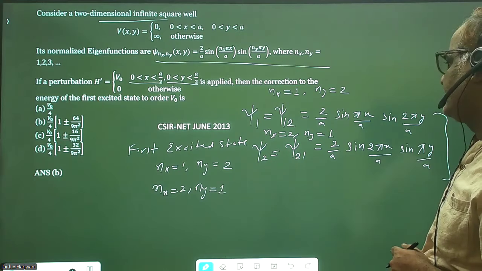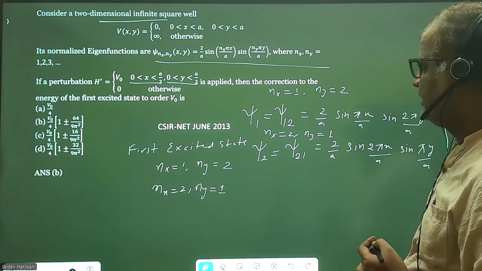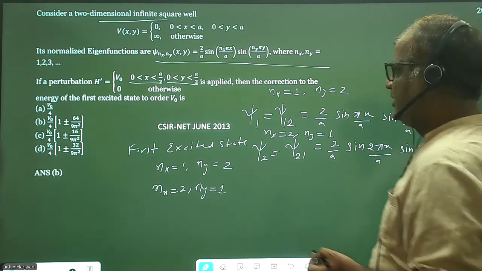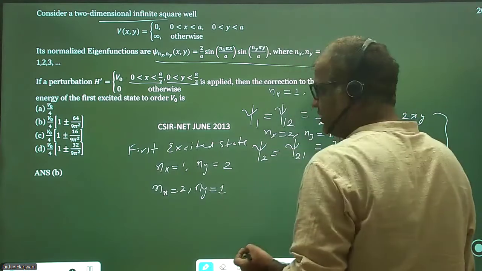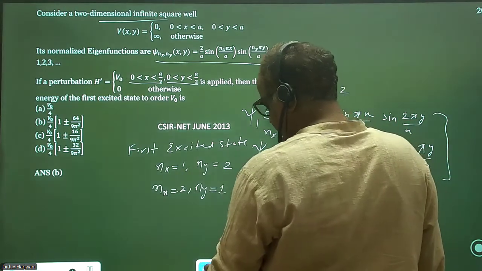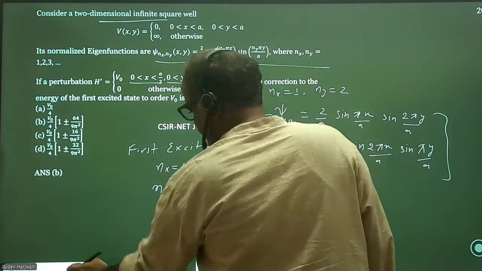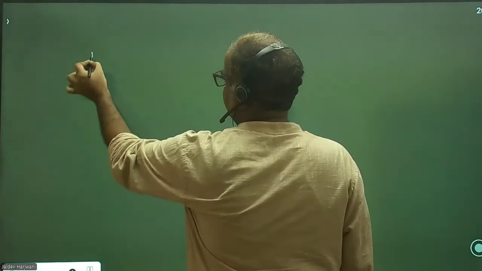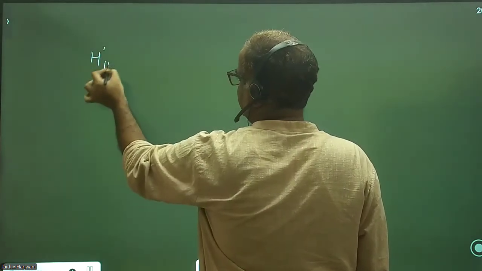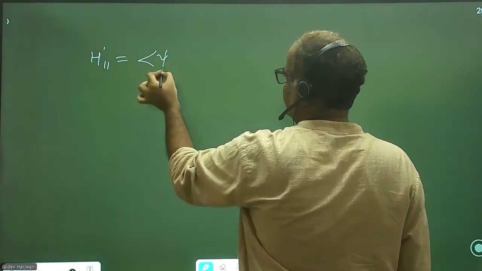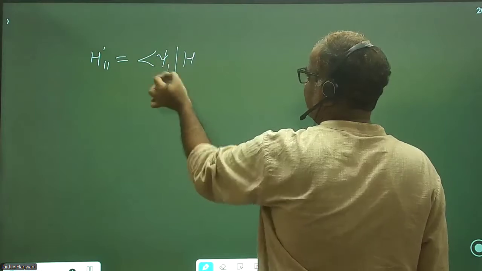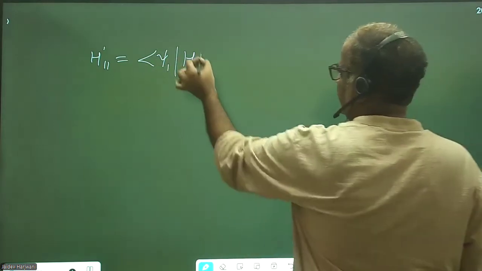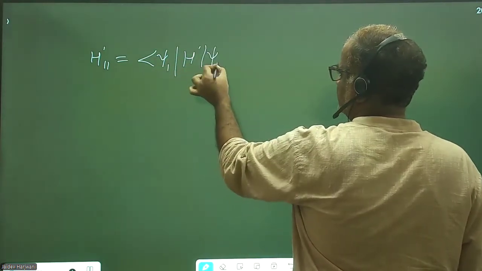We have to calculate the matrix elements of H dash. So let us calculate the matrix elements. I need H11, that is psi1, H dash, psi1.